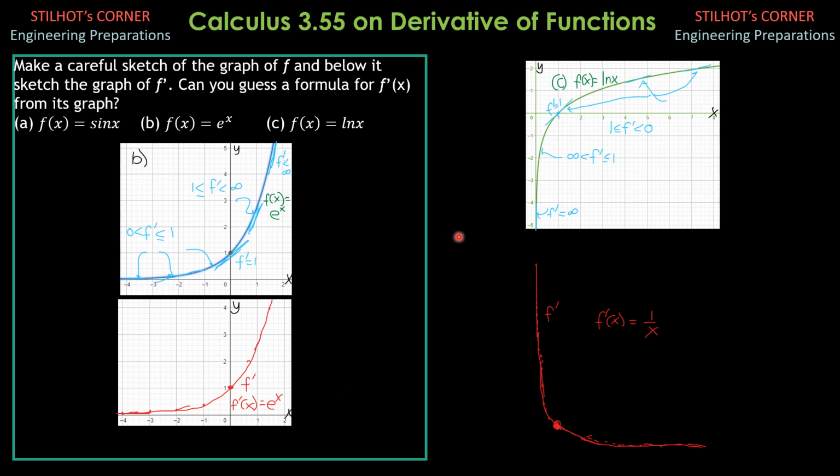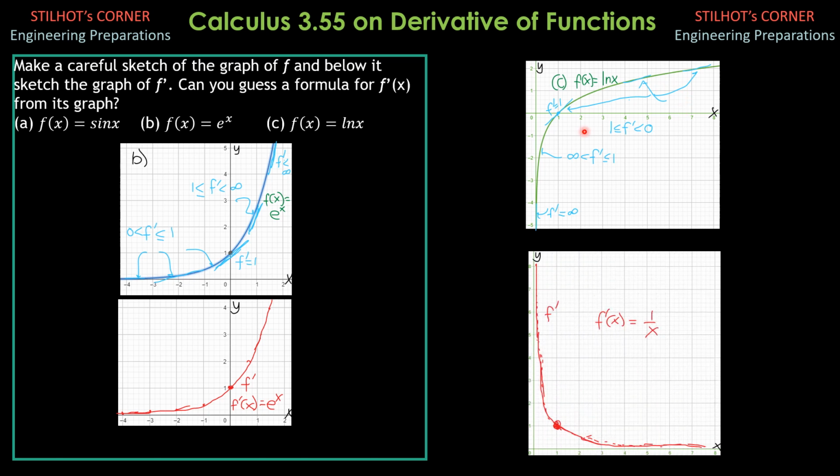Then finally, for f of x equals ln x, this is the graph of y equals f of x equals ln x. So it begins with a tangent which is positive infinity, almost vertical, but it is leaning to the right, so positive infinity. So for the ordinate, it begins with positive infinity for the graph of f prime also.